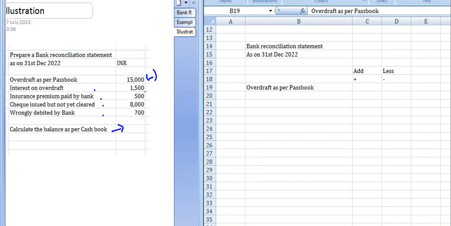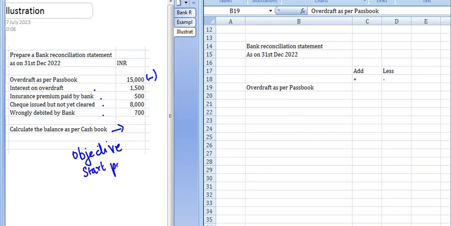Okay. So one thing is, what is the objective? We need to set the objective. Where is the start point? When I say objective, we need to fix the start point, whether it is the cash book balance or the passbook balance. In this case, our start point is the passbook balance and we are going to arrive at the cash book balance.